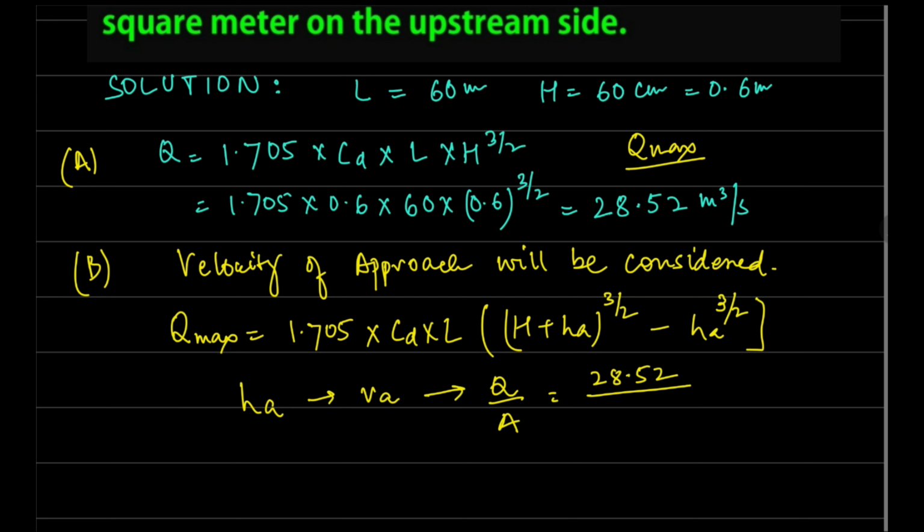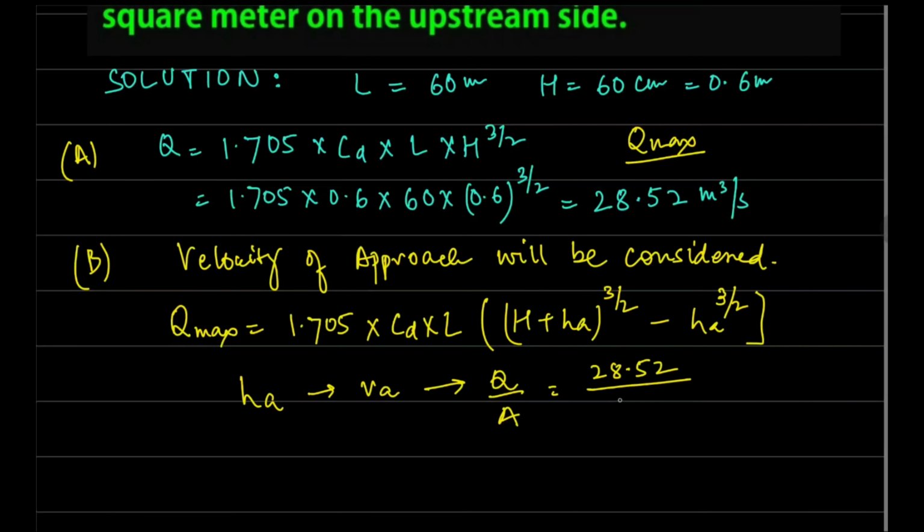Area of this channel is 60 square meters, so that is 60. So this will give us a VA value of 0.475 meter per second. Corresponding to this, HA value will be VA square divided by 2G.